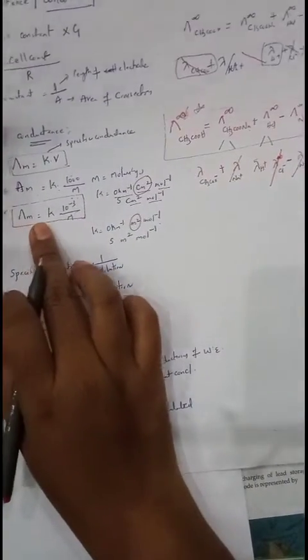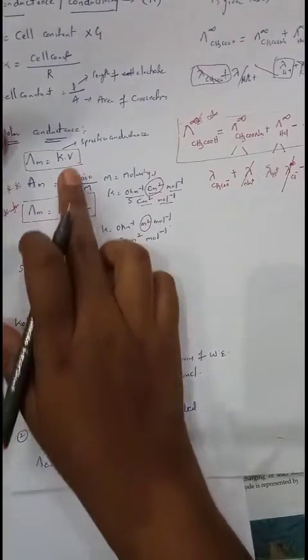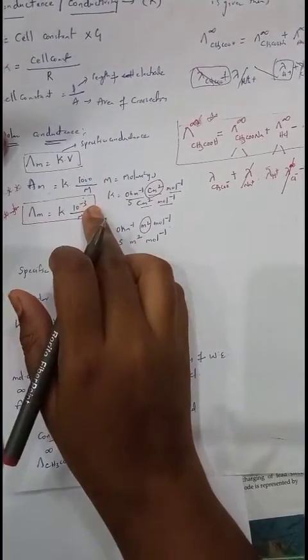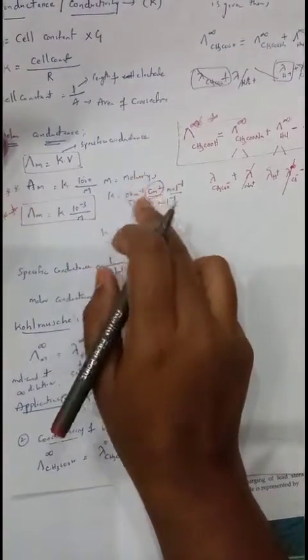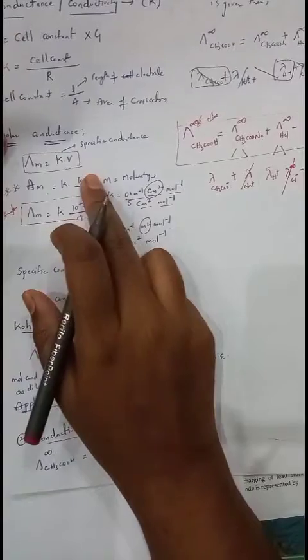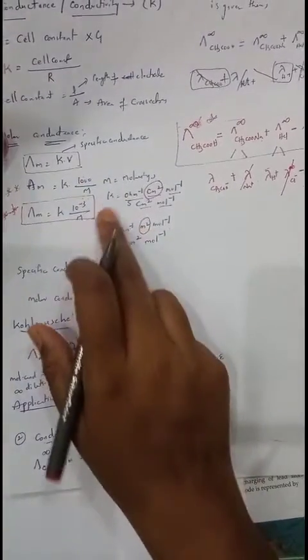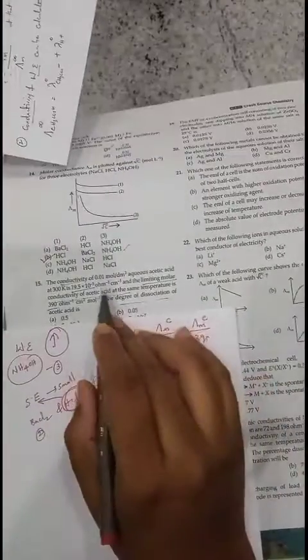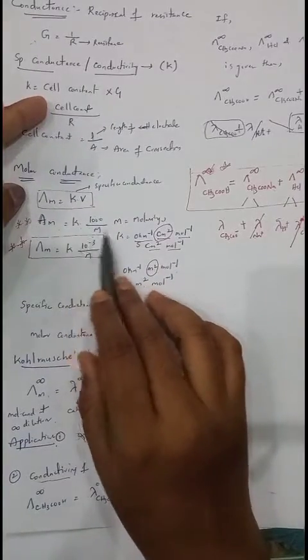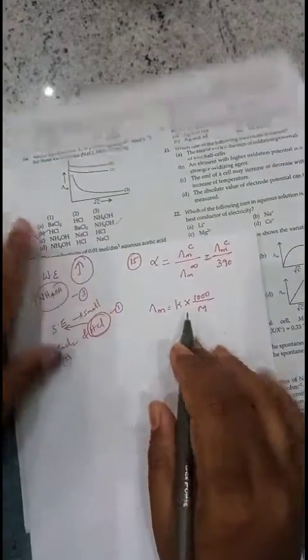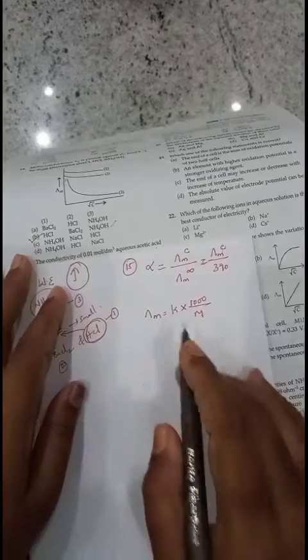Molar conductivity at a given concentration is K into 1000 divided by M, or K into 10 to the power of minus 3 divided by M. If it is given in centimeter square, we use the first one; if it is in meter square, we use the second. Here the question is in centimeters, so compulsorily we use K into 1000 divided by M.